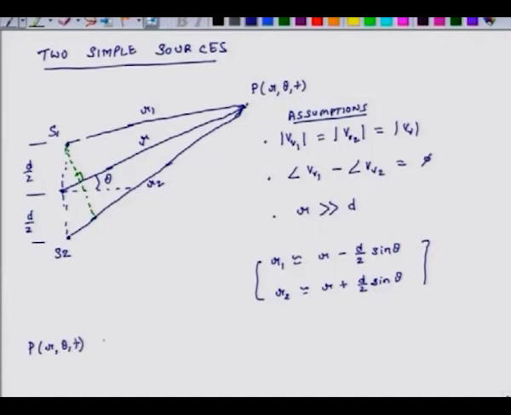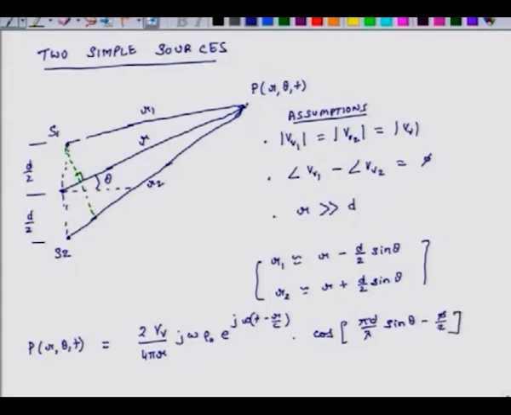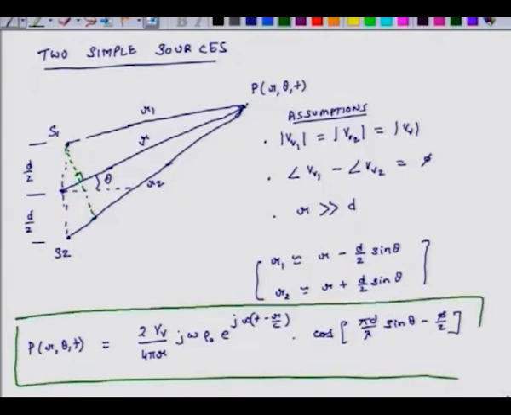That pressure equals 2 times volume velocity over 4 pi r, j omega rho naught, e to the j omega times (t minus r over c), times cosine of (pi d over lambda sin theta minus phi over 2). So, that is the pressure relationship which we had developed earlier.